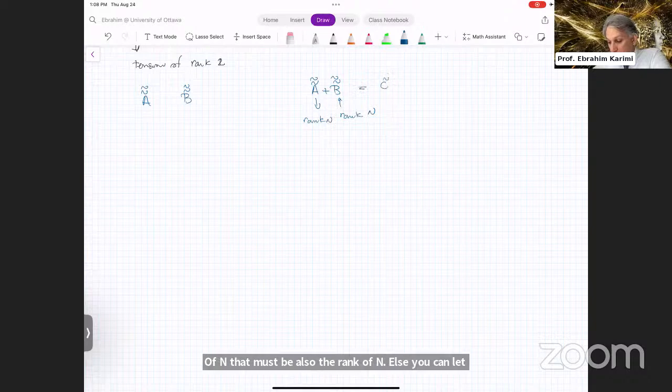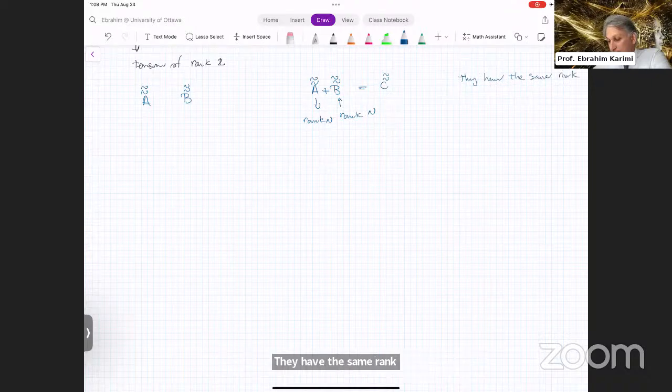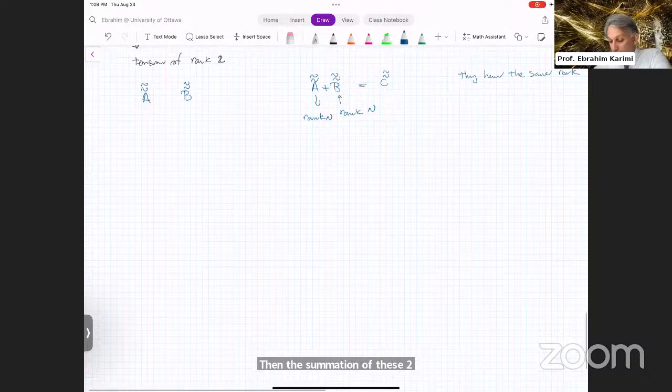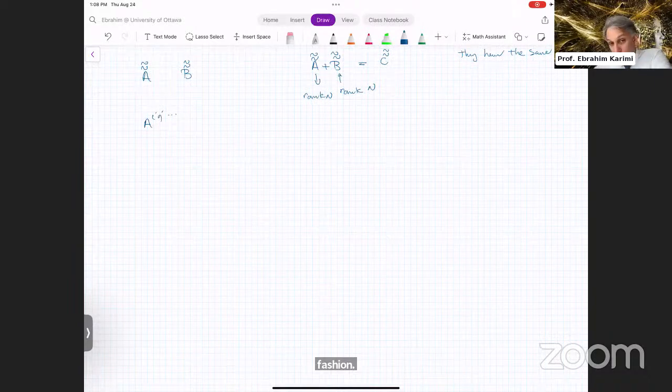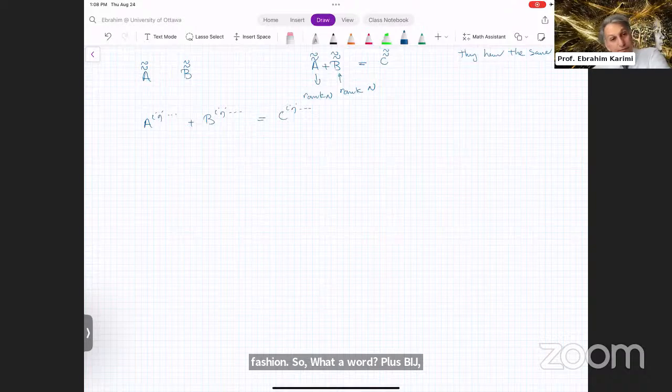So assuming they have the same rank, the summation of these two will be given in the same fashion: Aij, whatever, plus Bij, whatever, will be equal to Cij, whatever. That's important that you should notice. And can we subtract them? Yes, of course.